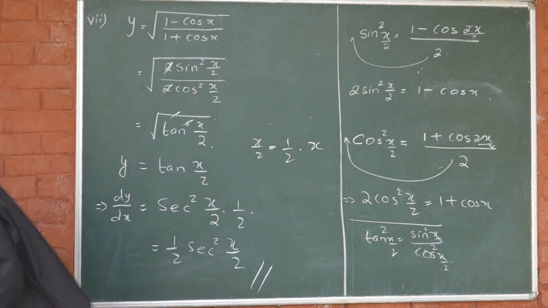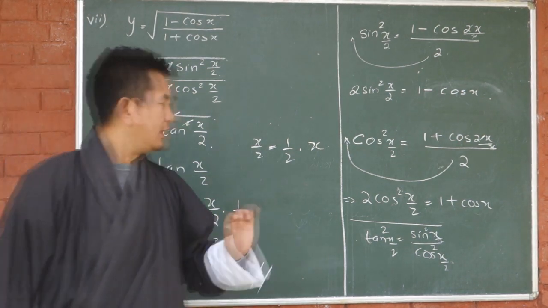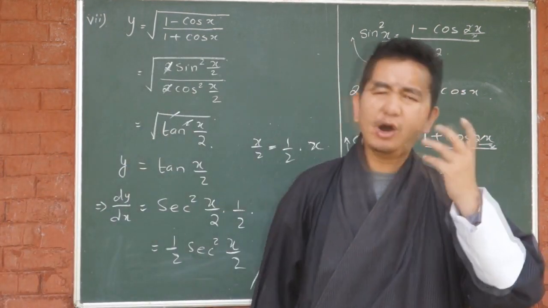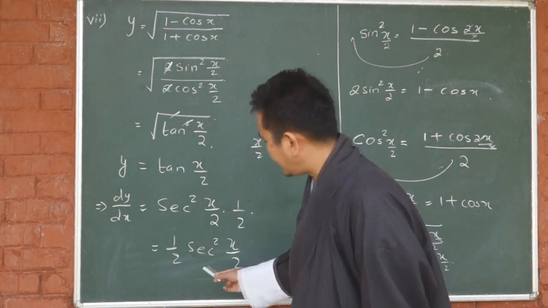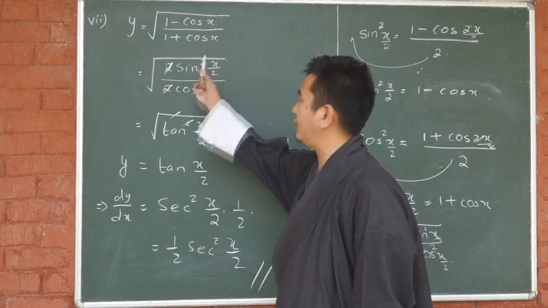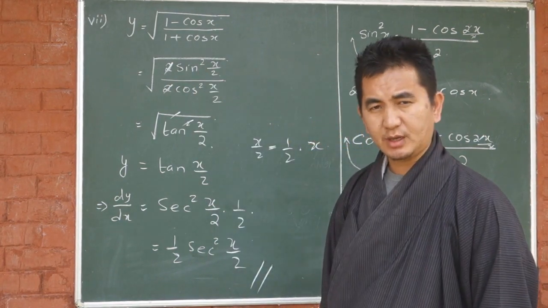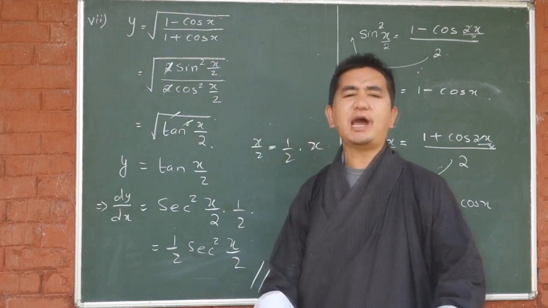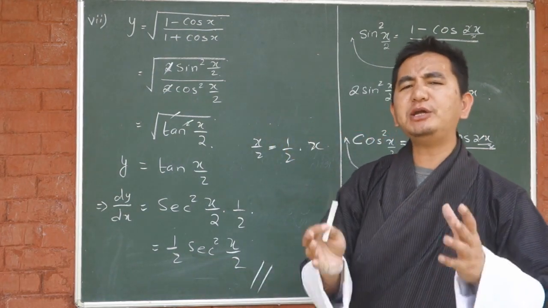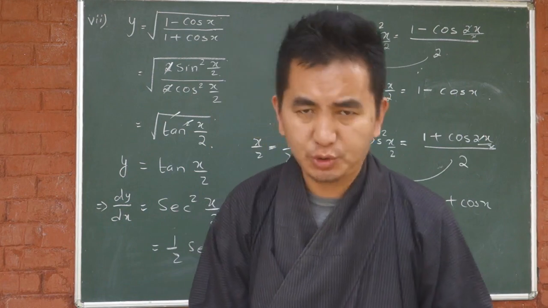Now, one important thing under trigonometric differentiation or whatever under calculus: the answer I got is half sec square x by 2 for this particular question. So now if I go with a different method, you might encounter a different answer. Okay? It purely depends on the method you choose.